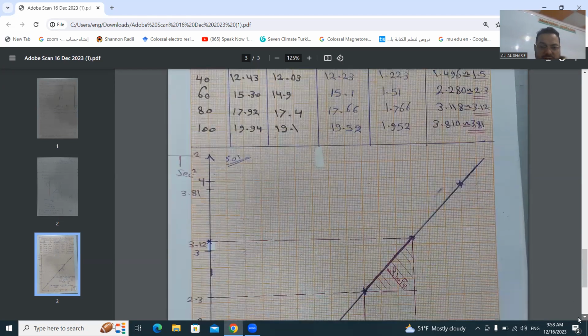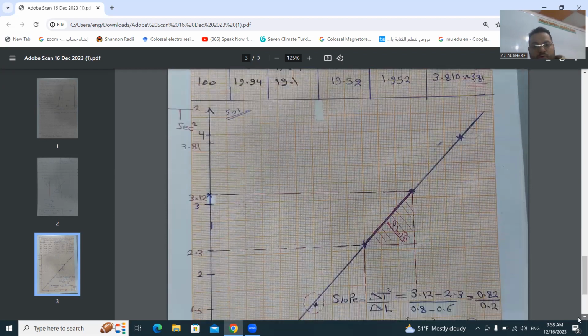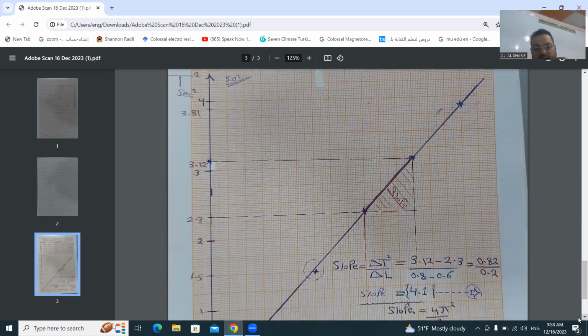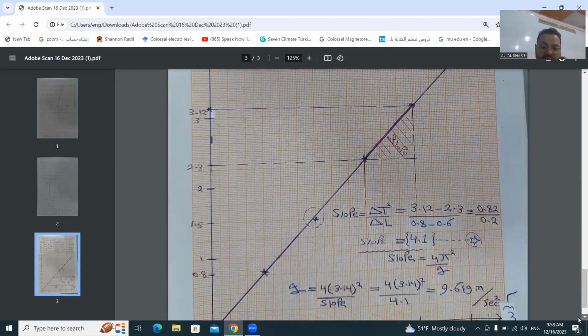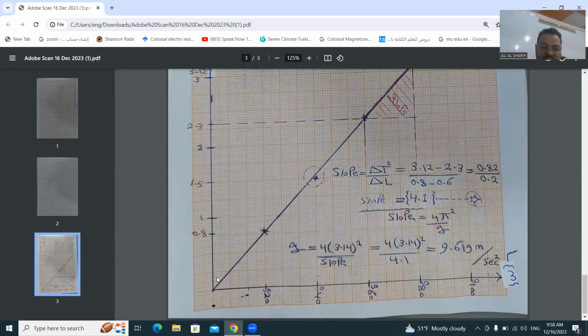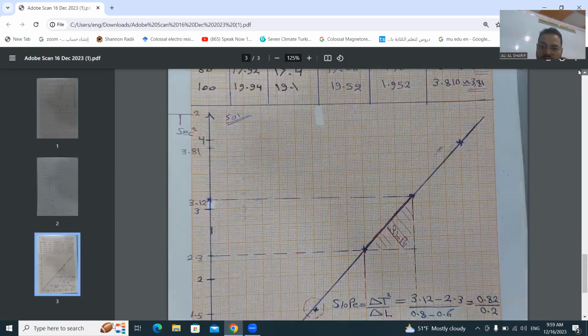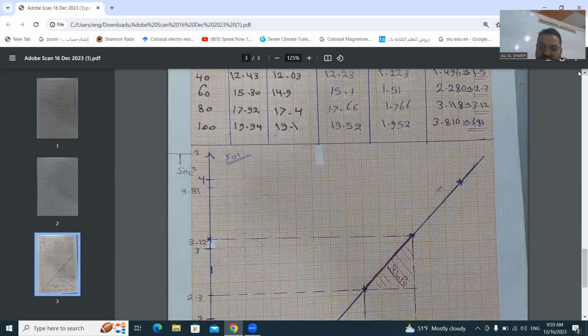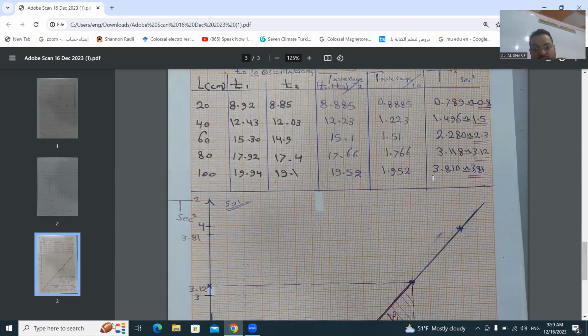let's keep going. Here, let's take a look at the diagram. It's very important here. Let me say that I divided this y-axis into 4. Why? Because the last result of T square on the y-axis was approximately 4, 3.81.